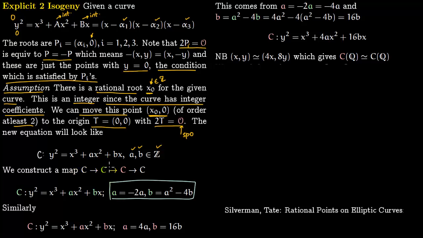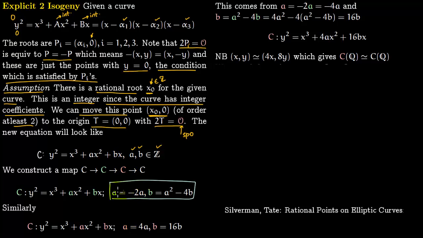From the green curve we can move to the red curve by the same procedure. Now you have a in red and b in red. This red a is 4 times white a, and this red b is 16 times white b.